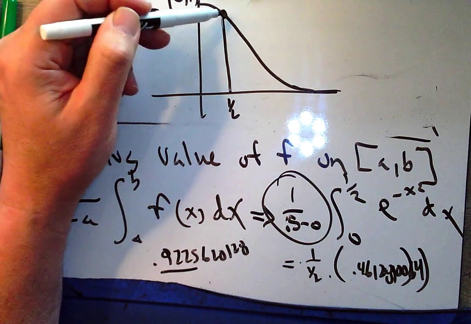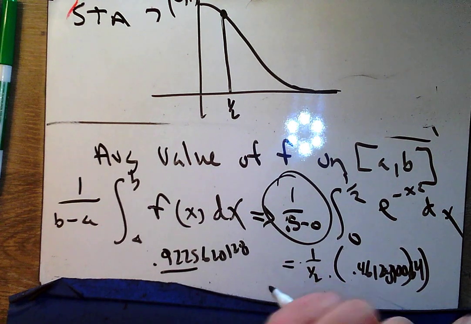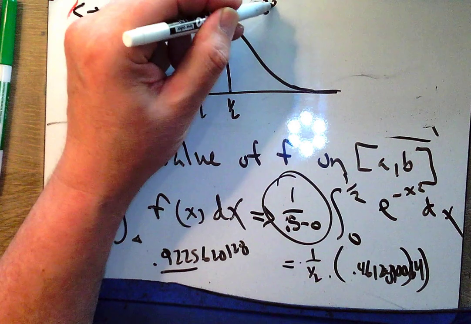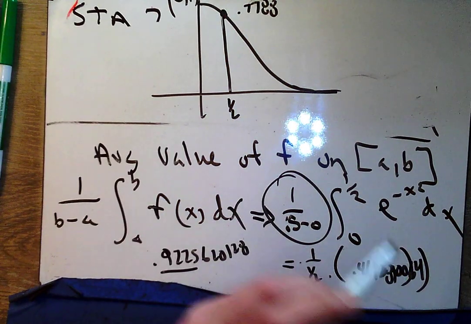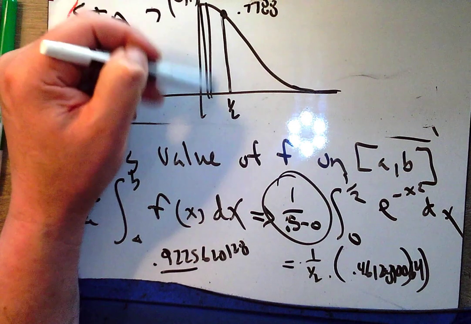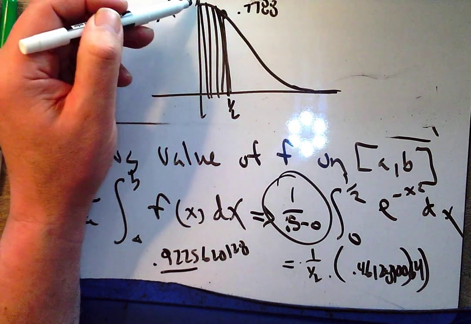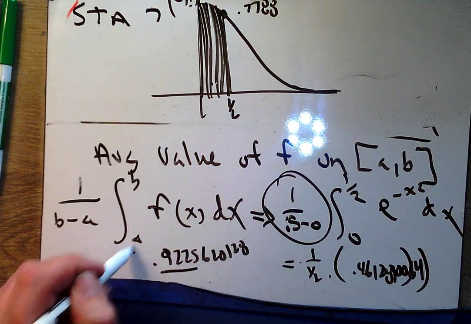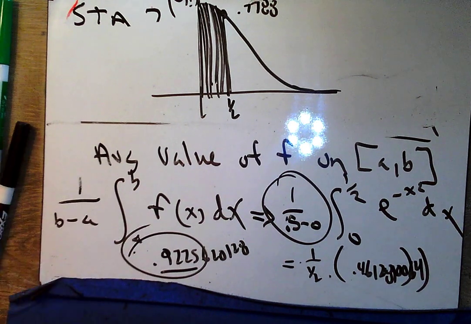And the y value here, as I recall from my table, at 1/2, we had 0.7788, I believe. Okay, and so the average of all of these heights, from a height of 0.7788 to a height of 1, is 0.923.